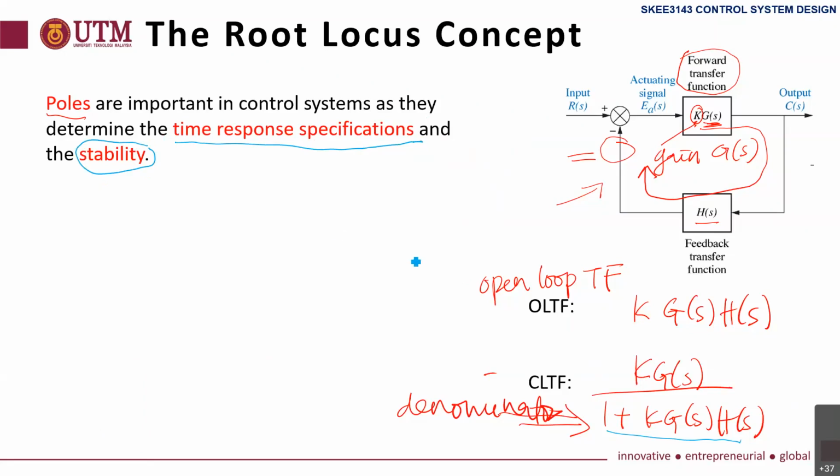In order to be stable, all poles must lie on the left half of the S-plane. If only one is on the right, the system will be unstable. So poles determine stability. They also give the time response specification: rise time, settling time, overshoot, underdamped, overdamped, everything, all through poles.